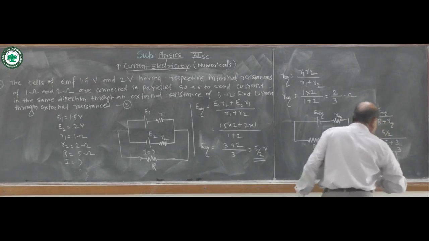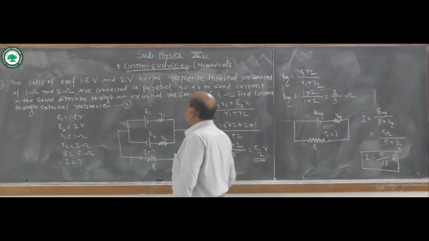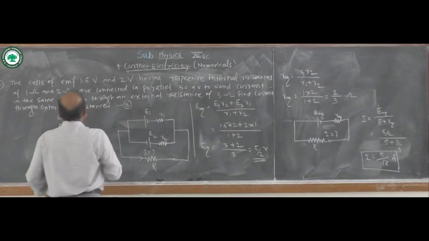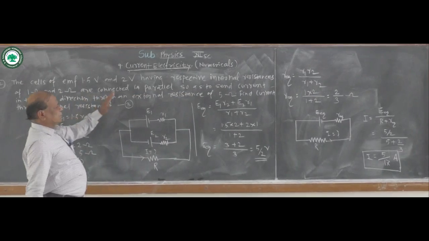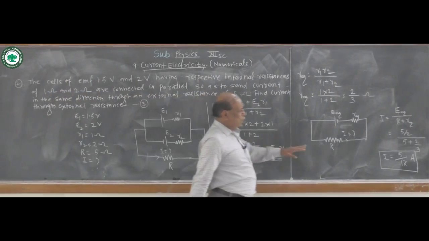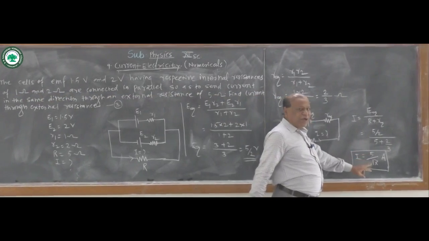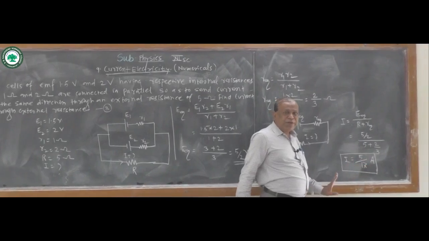This is the value of current. This current flowing through this external resistance is I equal to 5/17 ampere.